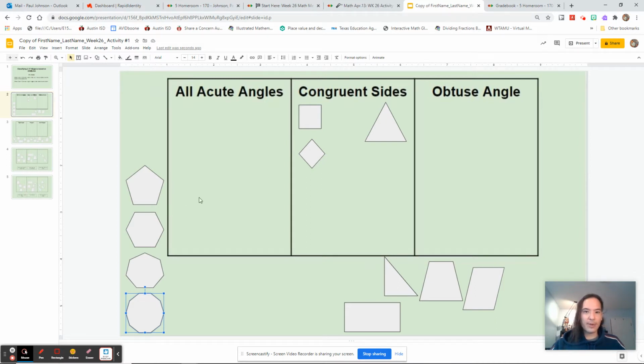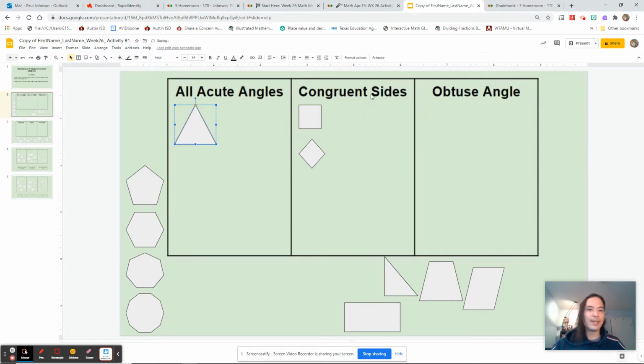Now, let's take a look, and we're looking for all acute angles. Do we see any of these with all acute angles? Actually, our triangle has all acute angles too. We're going to have a lot of differences, because some of y'all might have been like, I need to put this over here.